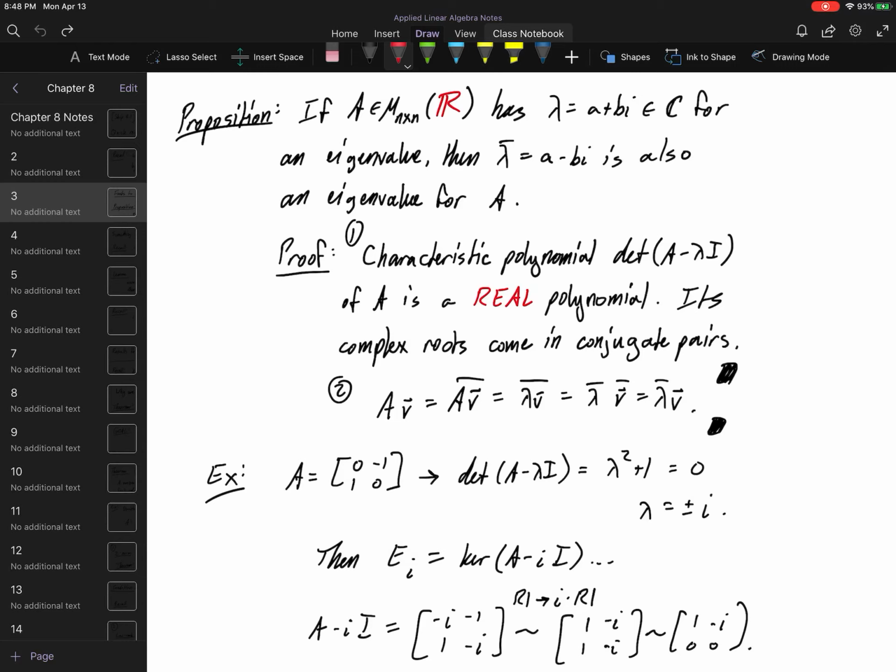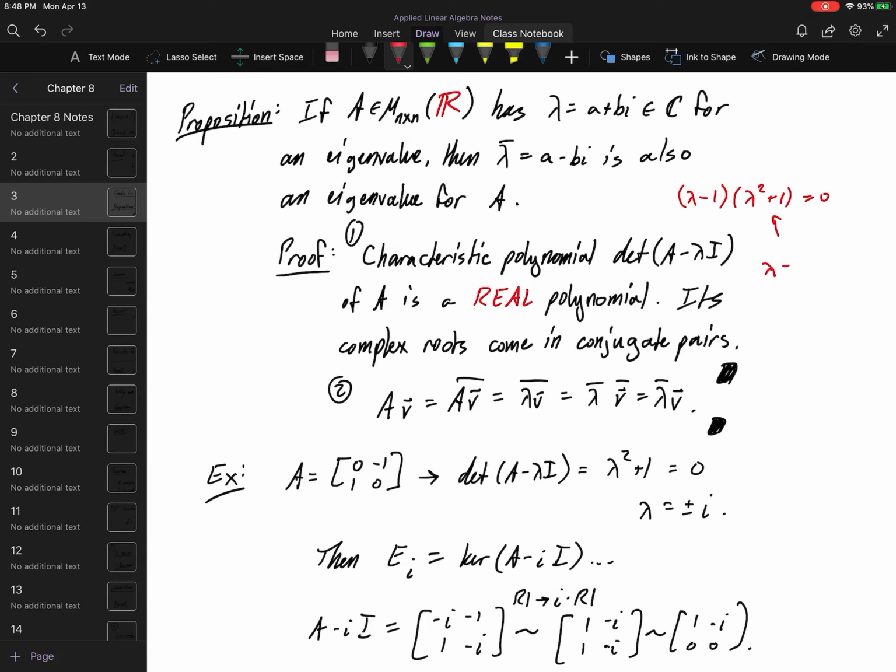It's a polynomial in lambda with real coefficients, which means if this factors, you would have maybe a real factor, but if you had a complex factor, it would have to show up as an irreducible quadratic in the factorization.